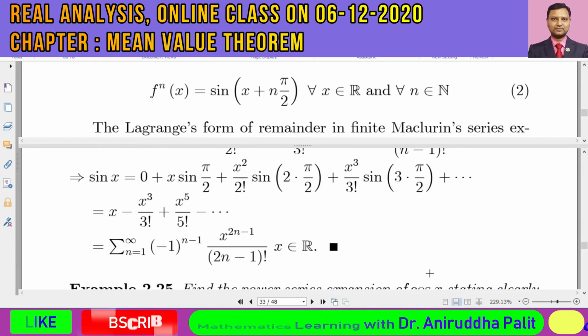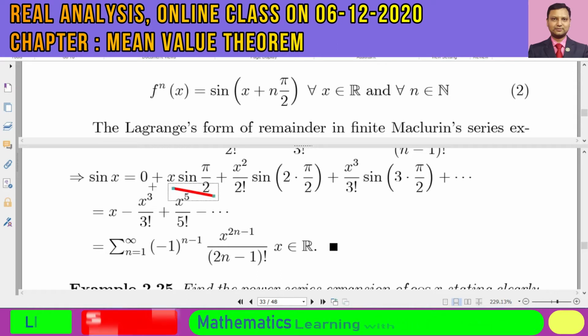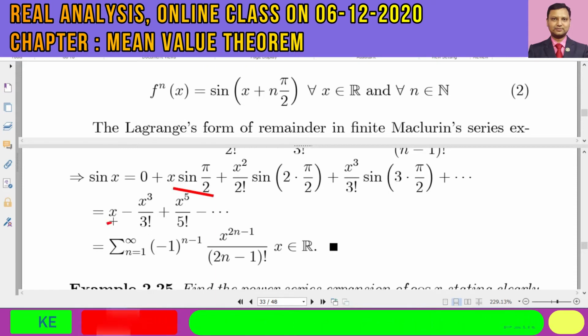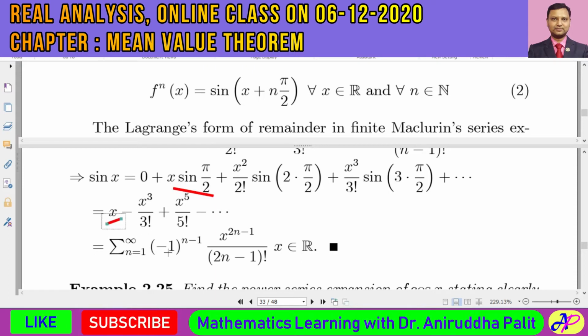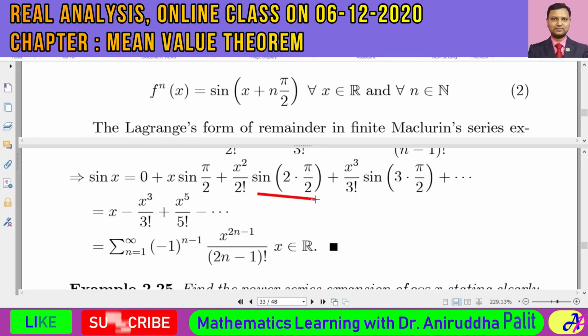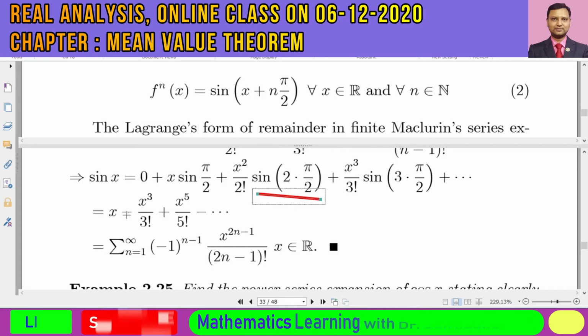But now sine of pi by 2 is equal to 1. So the first term is 0, the second term gives us x into 1, so it would be simply x. The next term is sine of pi. We know sine of pi is equal to 0. Therefore, no x square term is there.